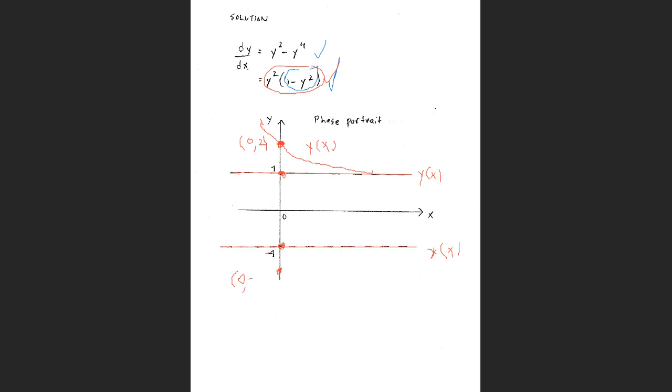If that's your point there, what would the solution have to do? Still decrease. So it would have to look like that. And incidentally, we do have another equilibrium solution here at 0, because when y is 0, the derivative is 0.